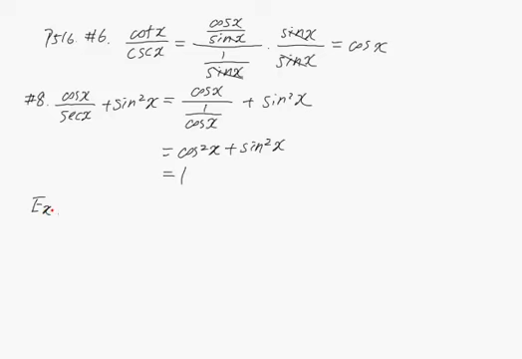Rewrite sine in terms of cosine. To write sine in terms of cosine, we need to begin with one identity involving both the sine and cosine. Which identity should I use?